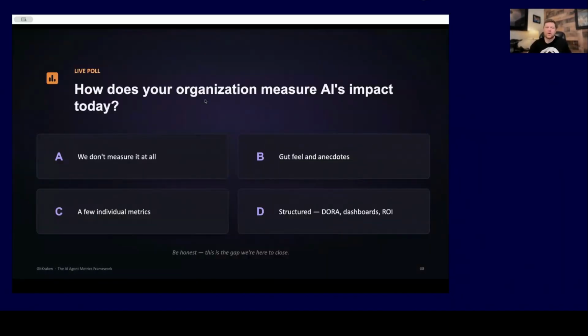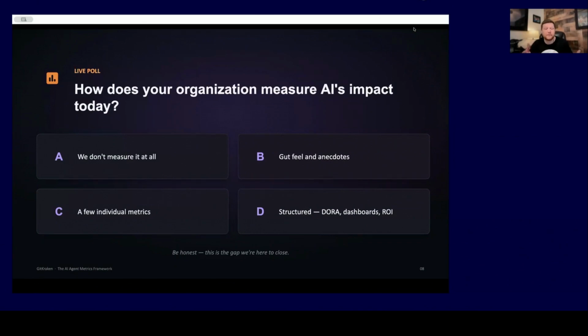All right, cool. So let's go ahead and launch our first poll. Would love to hear from you guys on this one. We'll have 3 or 4 polls that we'll run throughout. So first poll, how does your organization measure AI's impact today? First choice is we don't measure it at all. Second is gut feel and anecdotes.